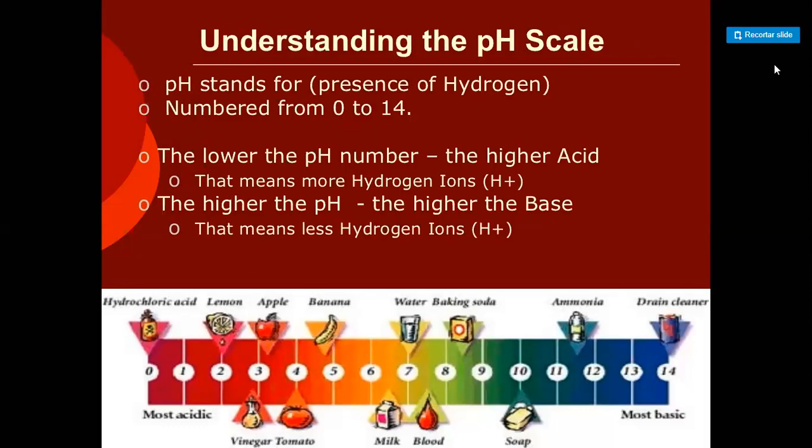Now the pH stands for the presence of hydrogen, and the range is from 0 to 14. The lower the pH number, the higher is the acidic content. That means the concentration of hydrogen ions is more. Higher the pH, higher is the basic content. That means the concentration of hydrogen ions is less.